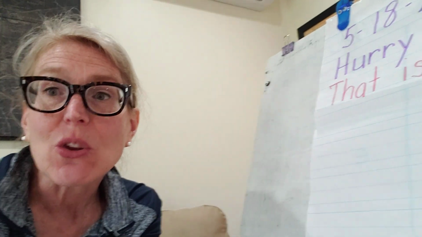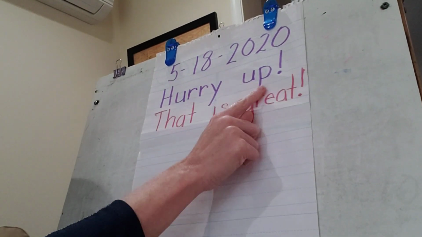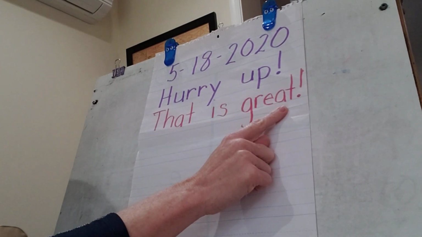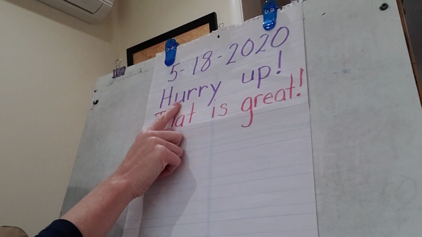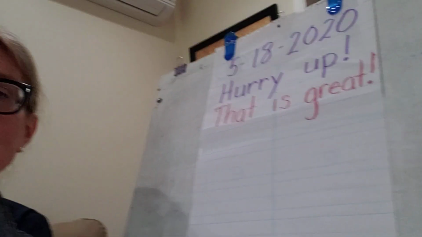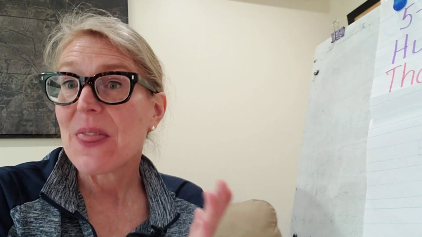What I would like you to do is choose either hurry up or that is great. I would like you to choose one of these exclamations and write it in your copybook and draw a picture that would match that exclamation sentence.